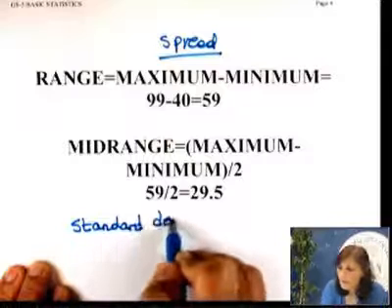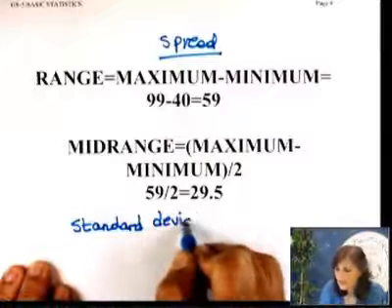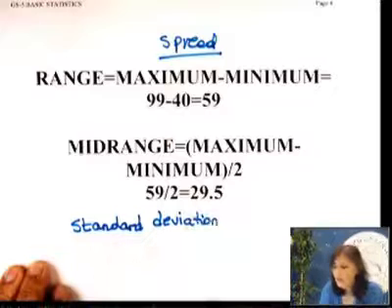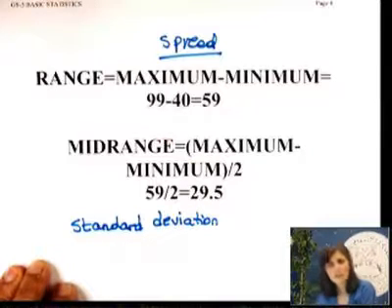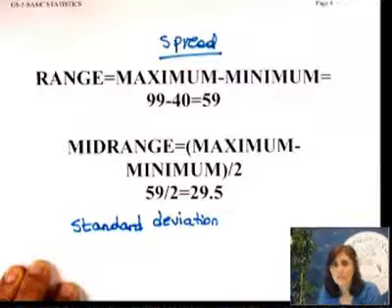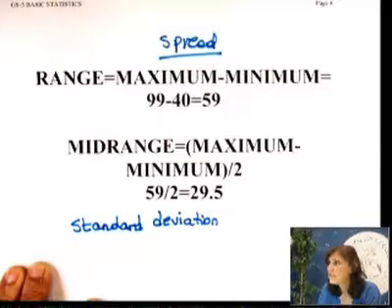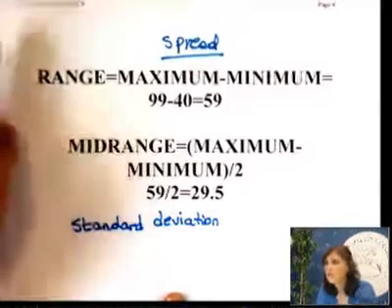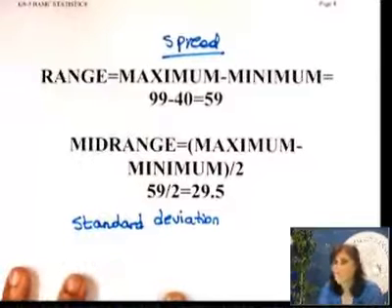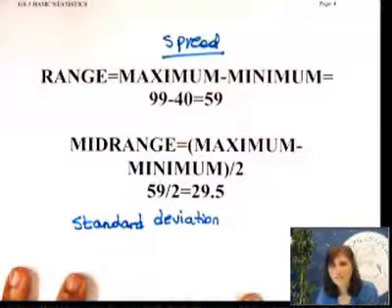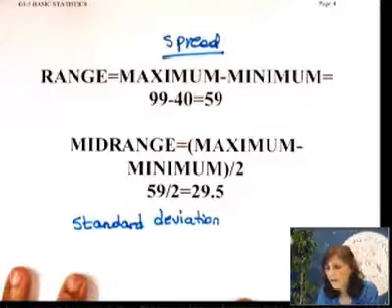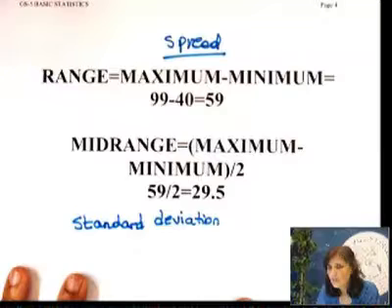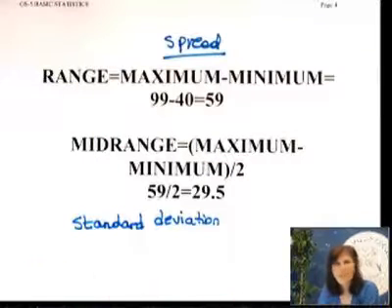But for a beginning algebra or pre-algebra class, calculating standard deviation involves sum notation, square roots and taking differences, which is a little bit too much at this level. So I'm not going to tell you how to calculate standard deviation. Just use a graphing calculator or some kind of technology to get that. But I will show you how to calculate the range and mid-range of data. That is an indicator of spread as well.